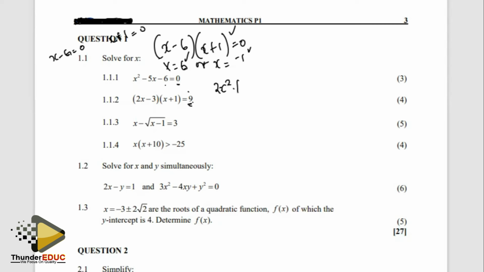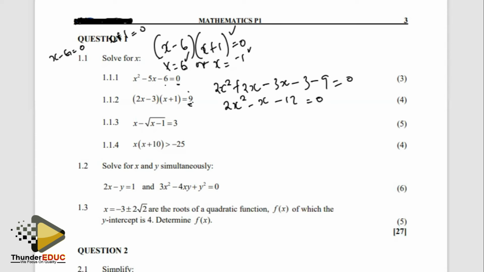This and that is a 2x, and the negative 3 and that, I'm getting negative 3x. Negative 3 and 1 is a negative 3. Let me move the 9 that side, and then equate everything to 0. Let me collect the like terms and simplify. So that's 2x squared minus x, this and this is minus 12, is equal to 0.